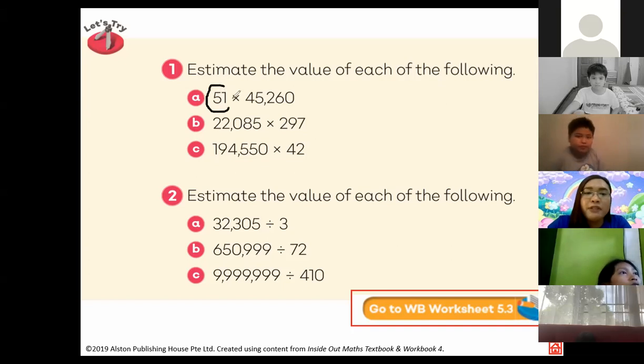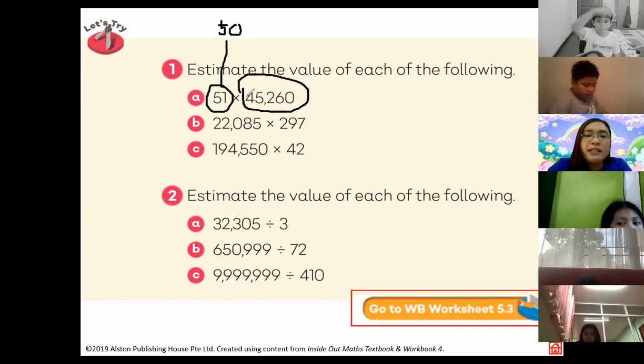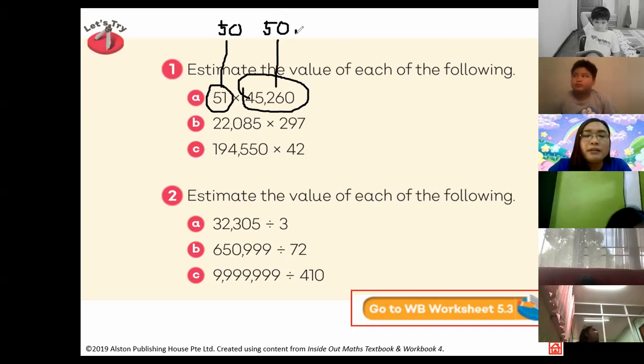For example, 51 estimated to the nearest 10 is 50, okay? And then 45,260, you have to round that number to 50,000 before you multiply.